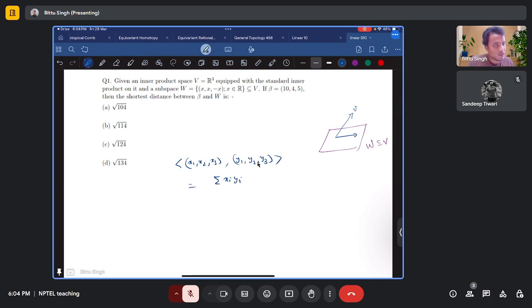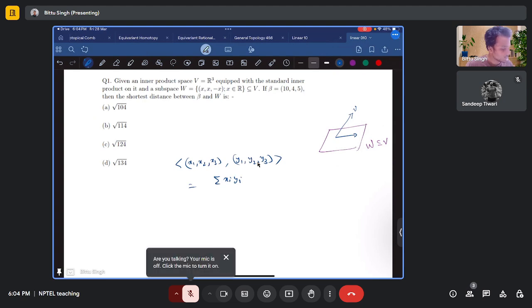Because it is R3; if the space was C3 instead of R3, then we take conjugation and multiply the same thing. Since it is R3, just skip the conjugation part. It will not affect.